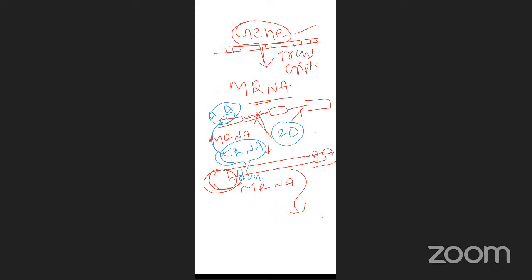The second sequence, for example GCA, codes for another amino acid, amino acid 2. Amino acid 2 binds with tRNA and is brought to the GCA region. It continues.